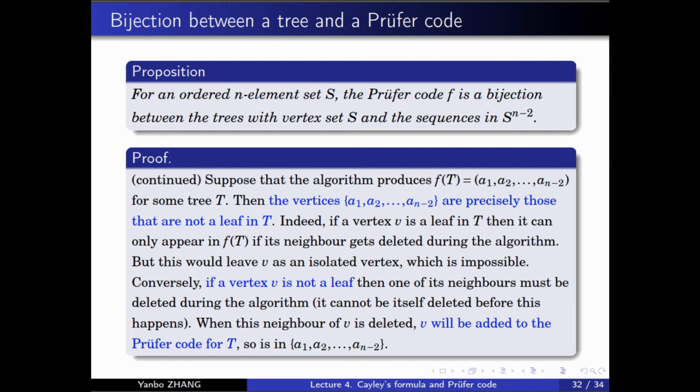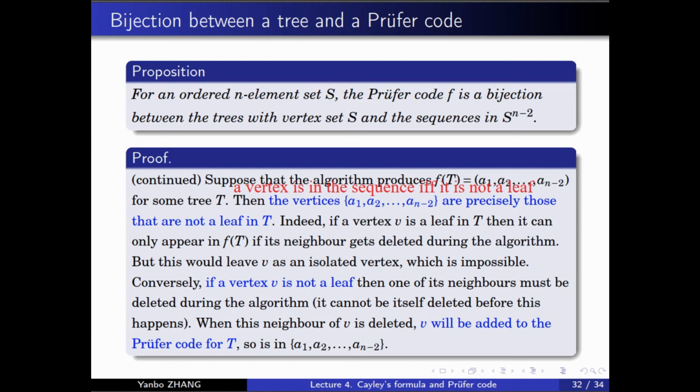Now we show that a vertex is in the sequence if and only if it is not a leaf in T. First, the vertices a1, a2 to a(n-2) are precisely those that are not a leaf in T. Because if a vertex is a leaf in T, then it only appears in F(T) if its neighbor gets deleted during the algorithm.